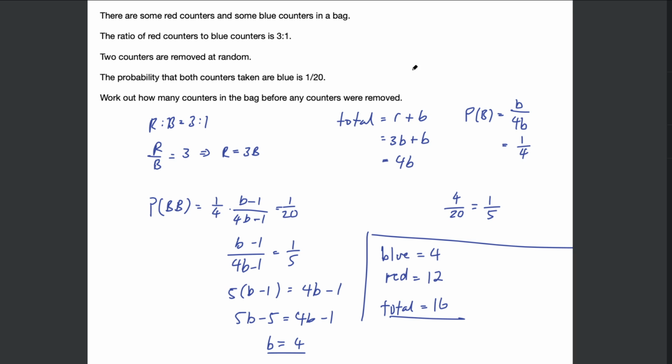So if I had 4 out of 16 blue counters, what would my next probability be? It would be 3 out of 15. What does this equal? This simplifies to a quarter multiplied by a fifth. This equals 1 over 20. So I always suggest doing a bit of a double check just to kind of reassure yourself that you got the correct answer.